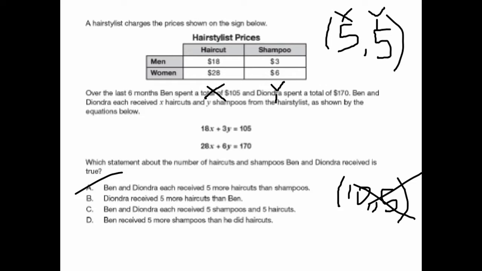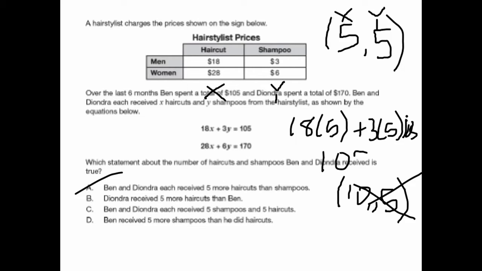That also can't be true, because if I plug 5 into both of these equations, I'm going to get 105 equals 105. If I do the same thing, I'm going to get 170 equals 170. And I also know that (5, 5) is the only pair of numbers I can plug in to make the system work, so that one doesn't work.